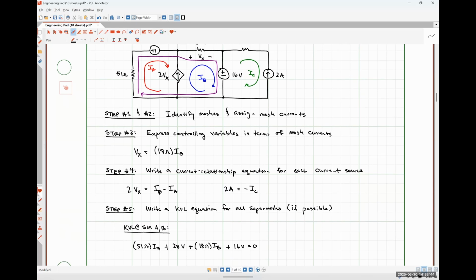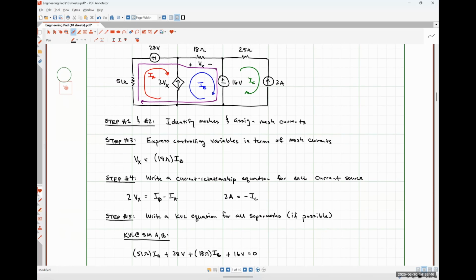Does anybody have any questions about where those particular terms came from for that KVL at supermesh AB equation, or any questions about the concept of a supermesh in general?